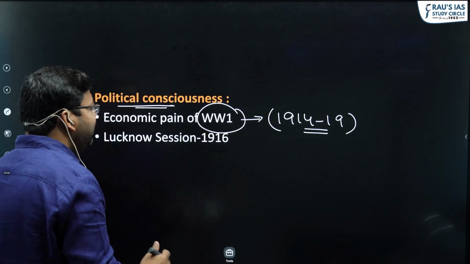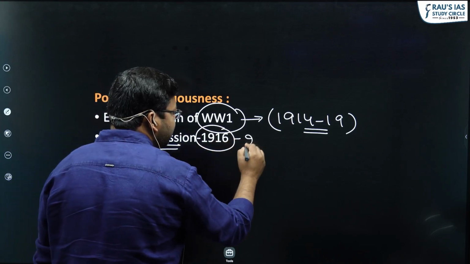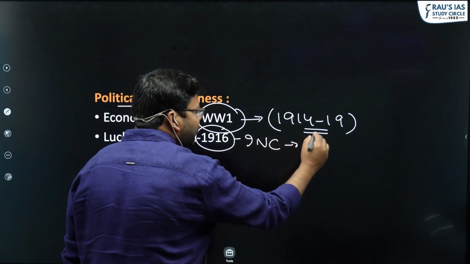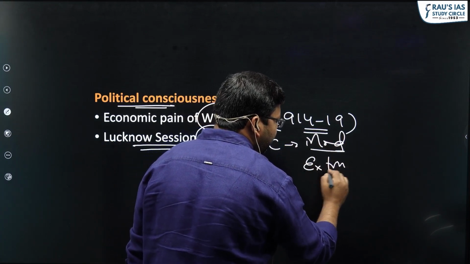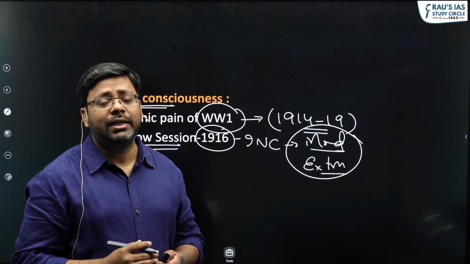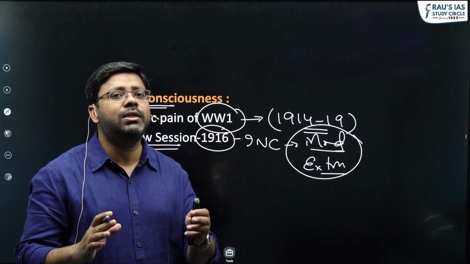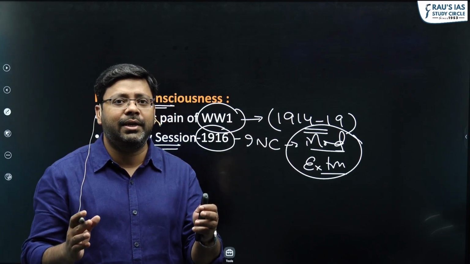Then, the second factor was the 1916 Lucknow session of the Indian National Congress, in which the moderates and the extremists all came together. Now, it's very important to know that in 1907 there was the Surat session of Congress in which the extremists and the moderates had separated.